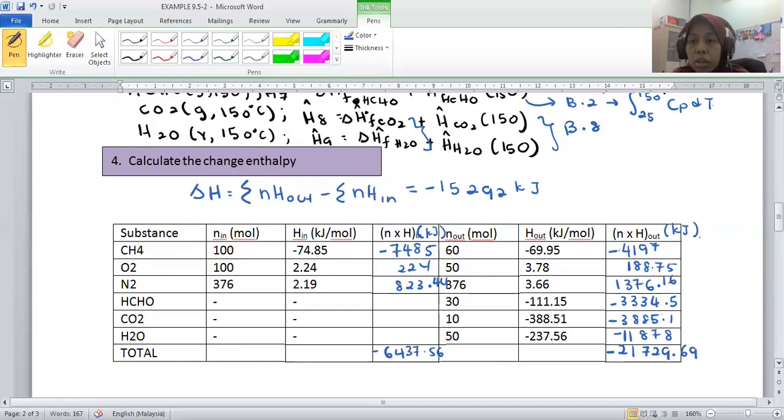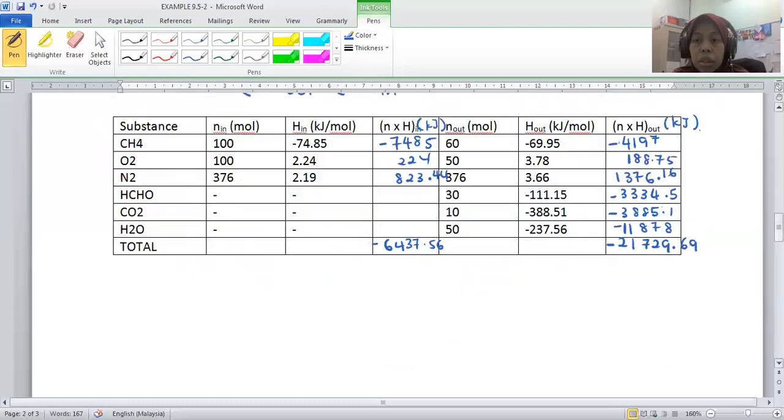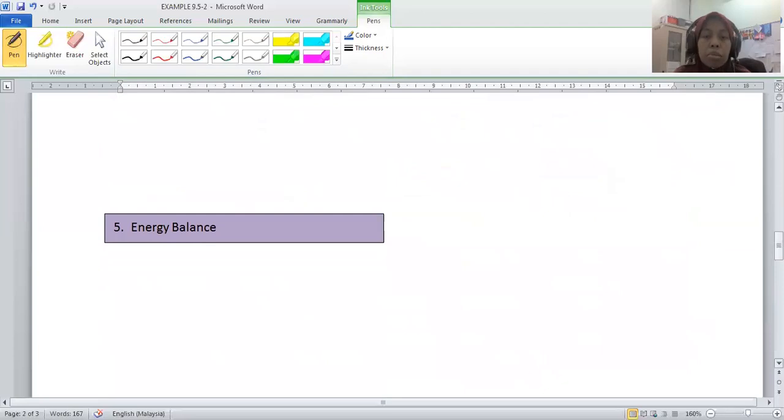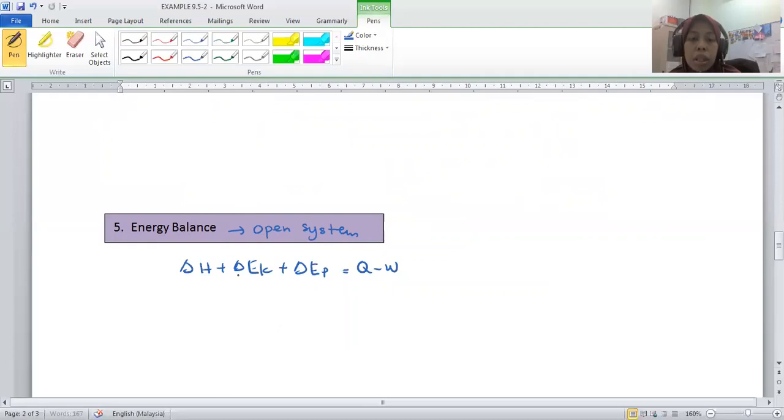So we already solved the value for the enthalpy change. Now we move to the energy balance equation. The question is in our open system. So we go to the general equation, delta H plus delta EK plus delta EP equals Q minus W. The question doesn't mention anything about movement, potential, and also work.